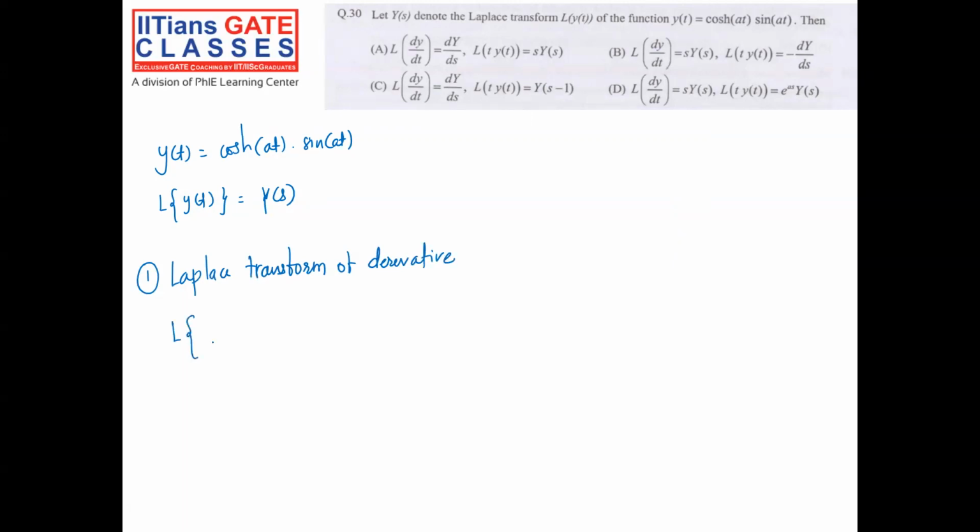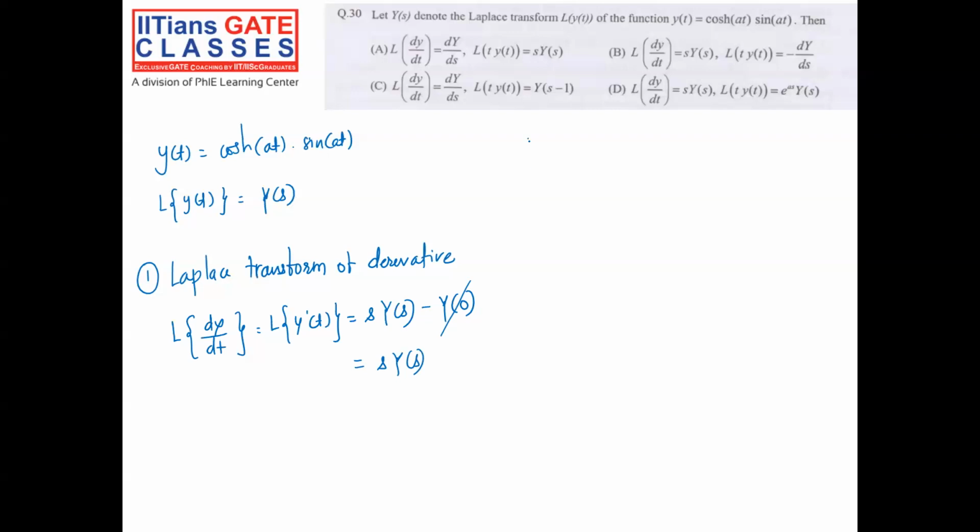Let's say the Laplace transform of dy by dt, or you can write it as the Laplace transform of y dash of t, is equal to s into the Laplace transform of y of t, which is capital Y of s in this case, minus y of 0. If you put t is equal to 0, the sine 0 is 0, so this will become 0, and you will end up with s into Y of s.